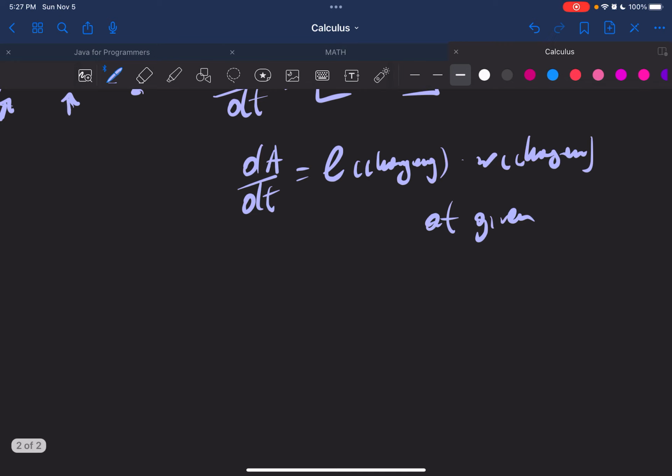Since I'm multiplying two functions, I need to use the product rule.